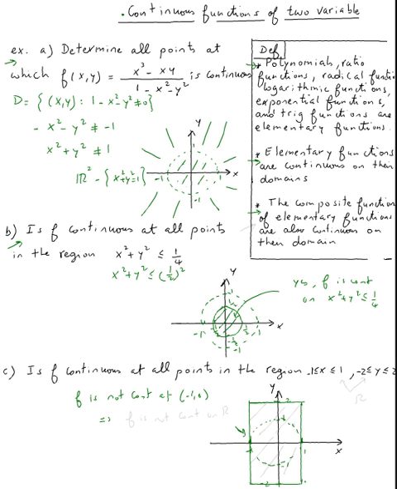Therefore, f is not continuous on the region R. What I mean by the region R is all this. But there are a lot of points you could pick. You could pick this point also, you could pick this point. All we need is one point to show that it's not continuous on the region. Right, let's move on to the next example.